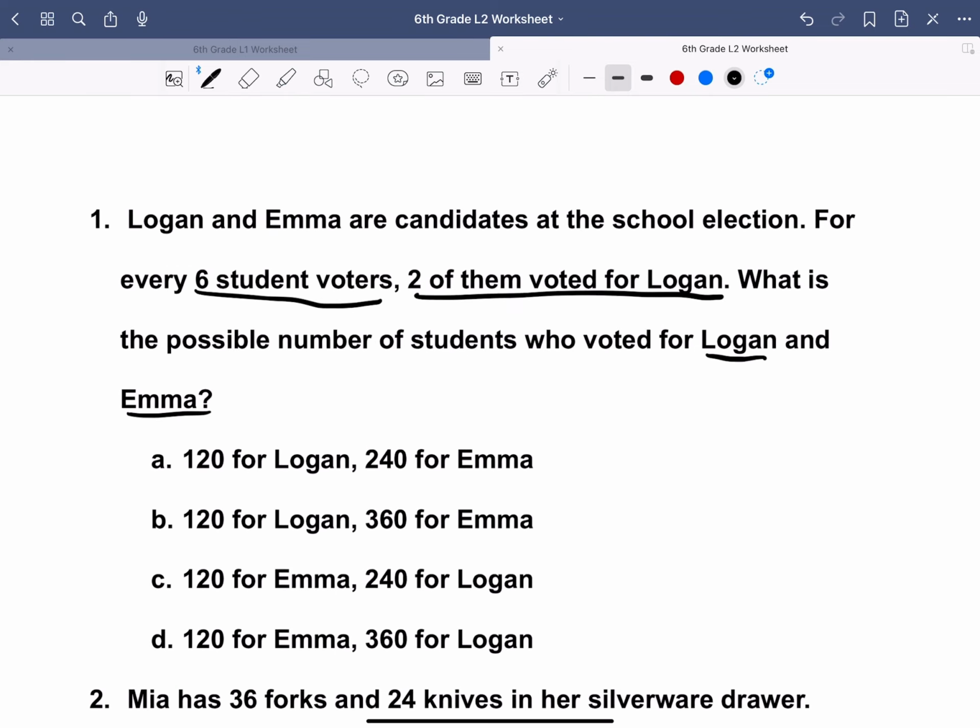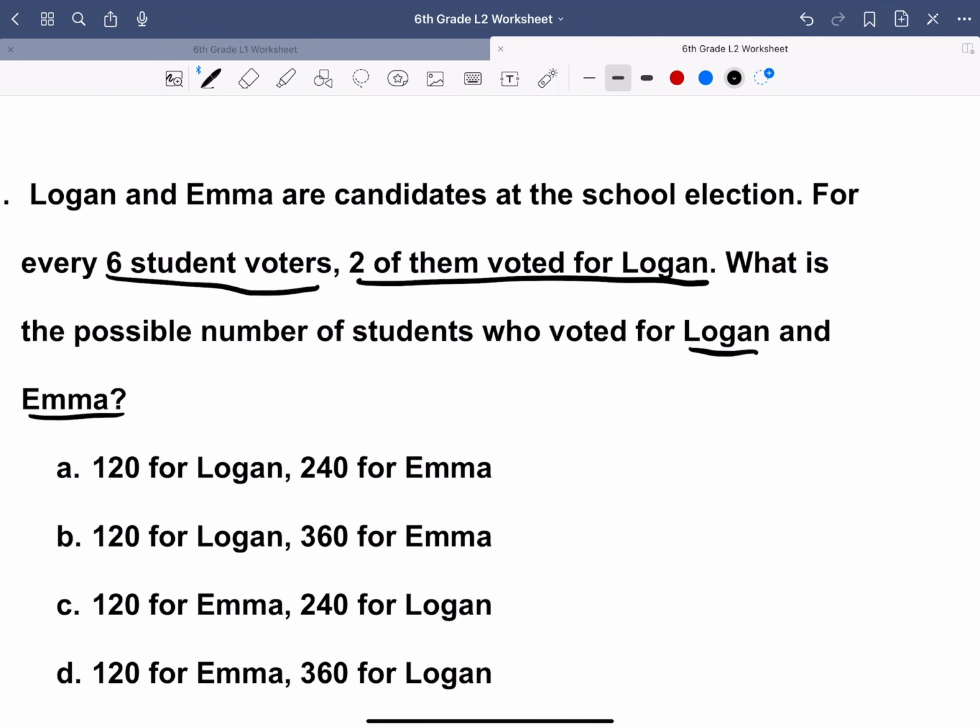So how we'd start this problem would be, since it's for every 6 students, 2 of them voted for Logan, we can assume that Emma is the 6 every student voters, because as the ratio says, it's 6 to 2, and the 2 is for Logan.